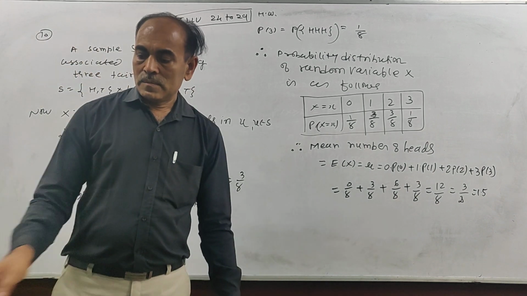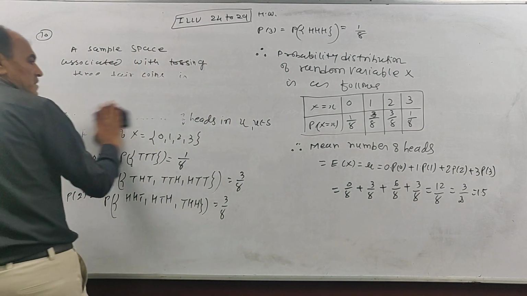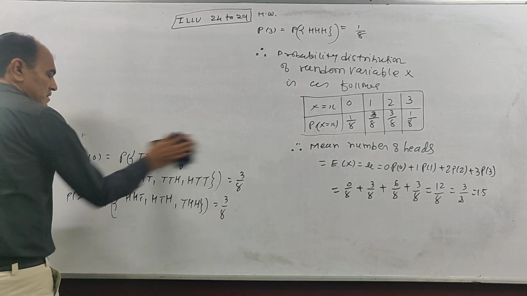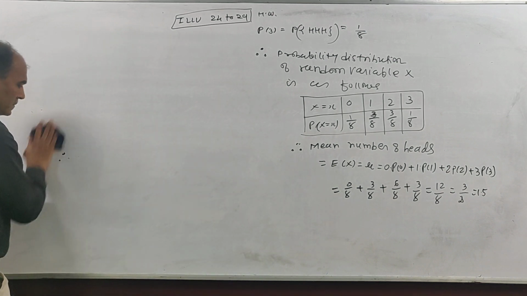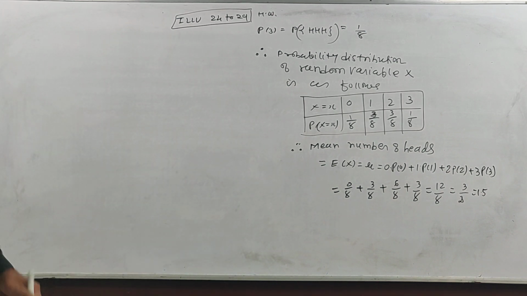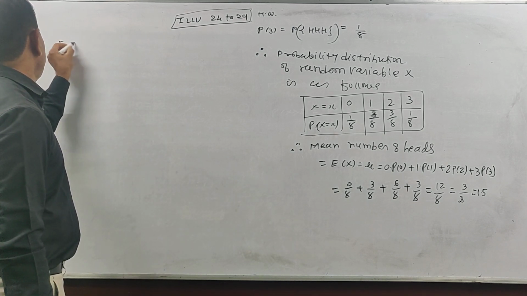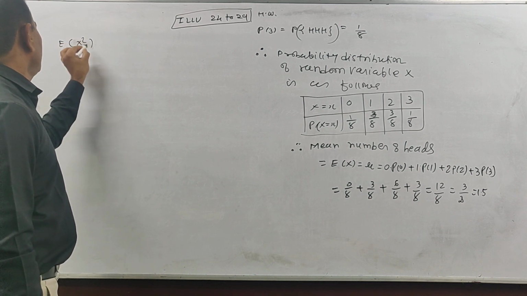For especially this example, if we wish to find it, how do we find it? As far as question number 10 is concerned, they only want the expected value. But what is E of x square?